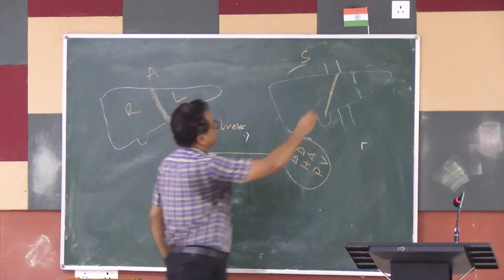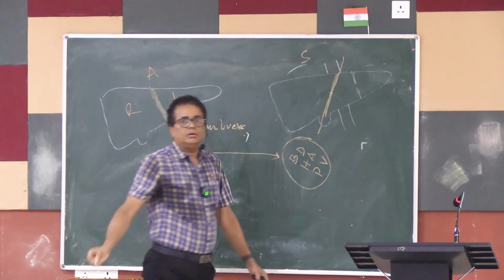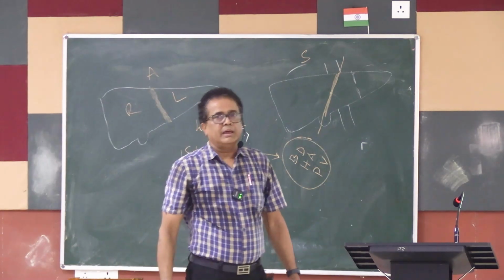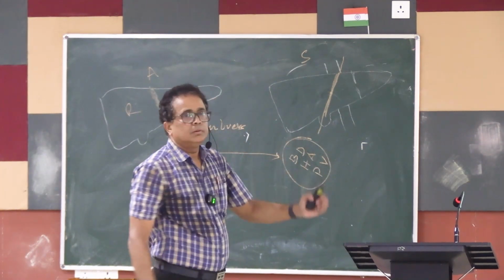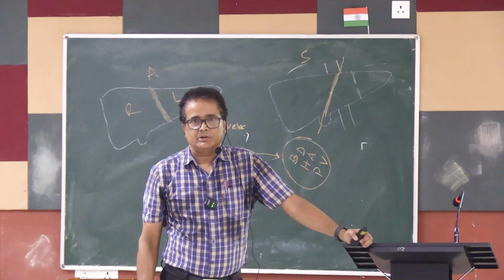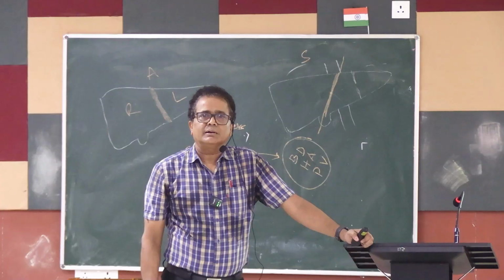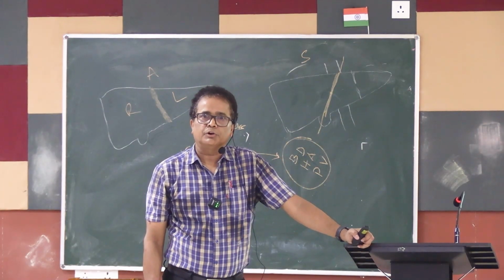Suppose I do a surgery and remove this part of the liver, that is called a right hemihepatectomy. If I remove the left lobe, that is called a left hemihepatectomy. You must understand that we have been given an enormous amount of reserve liver tissue for us to survive.